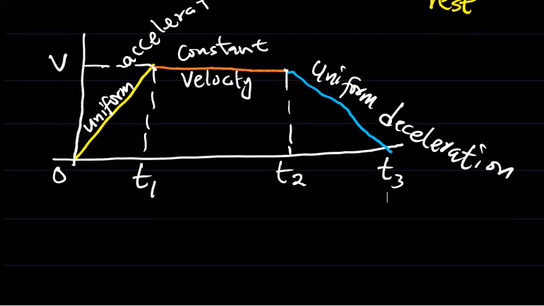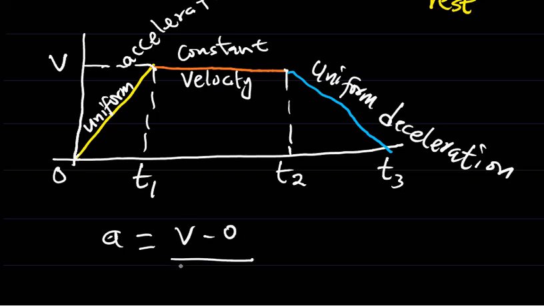So from here now we can calculate the acceleration. Acceleration, of course, is equal to the slope of the graph. The uniform acceleration is the slope of the yellow line. How do we do that? The slope of the yellow line is final velocity minus initial velocity. Final velocity is v minus initial velocity, which of course is 0 from rest.